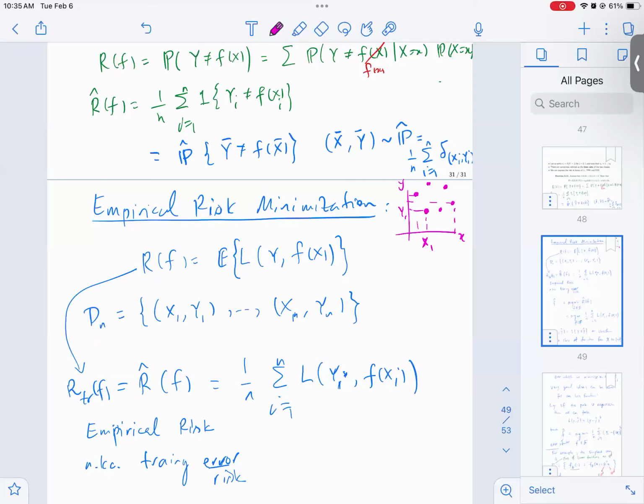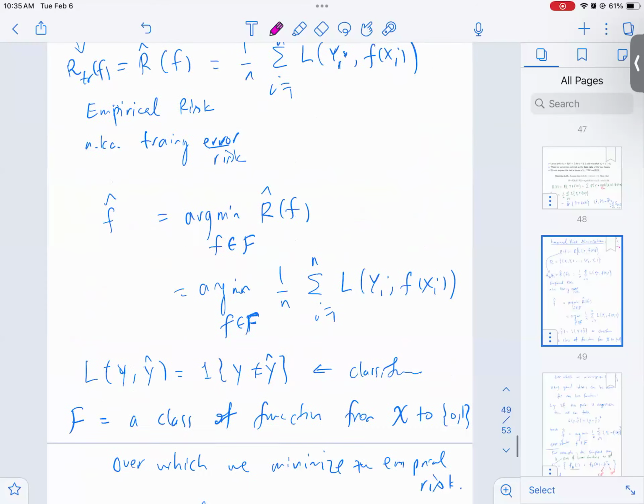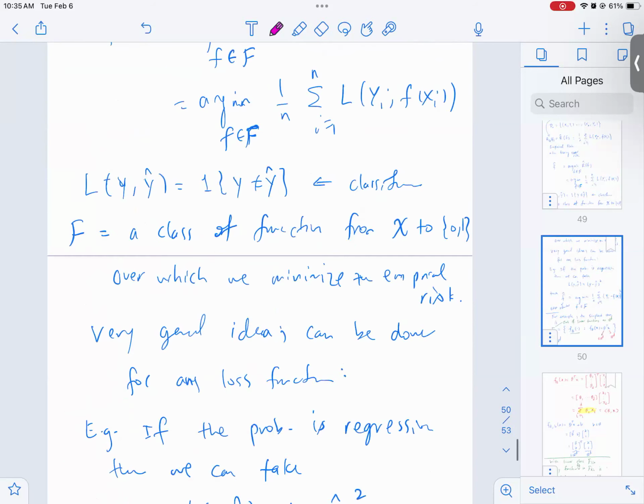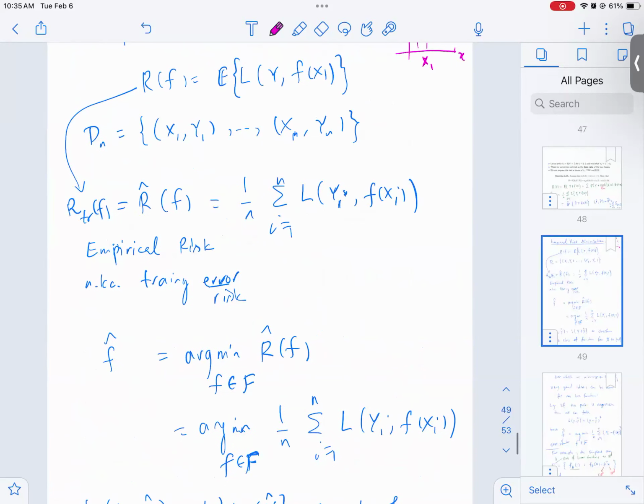At this point I don't have any classifier, so I don't have to worry about dependence. But once I do this, my f hat at the end would depend on the training data. If I want to validate it, I need separate data. So this is the idea of using the empirical averages to construct the estimate.